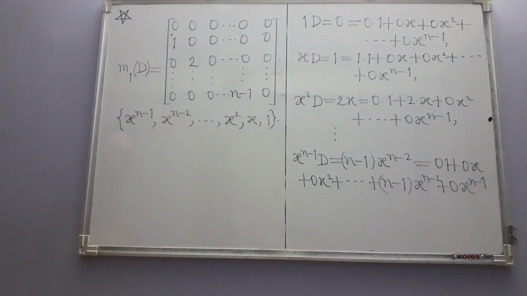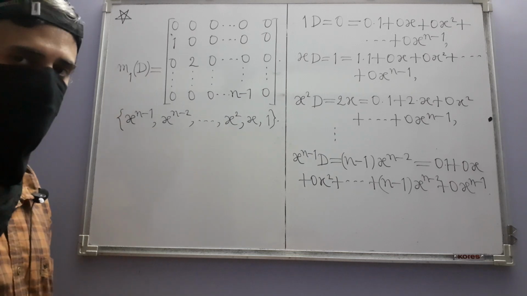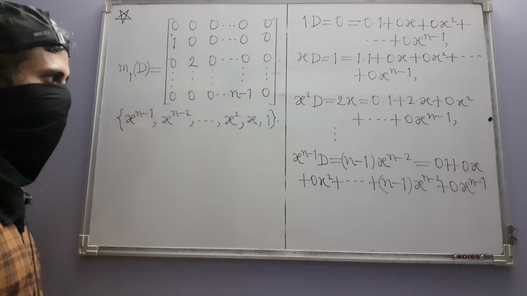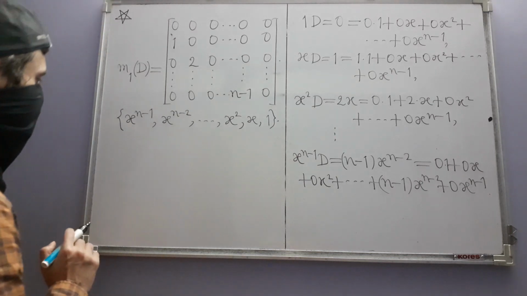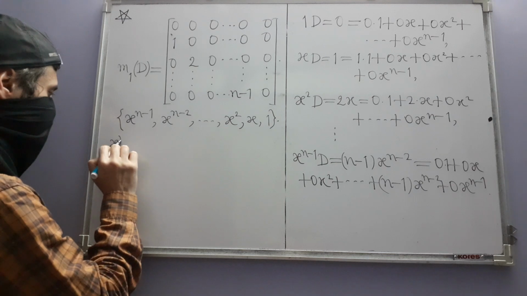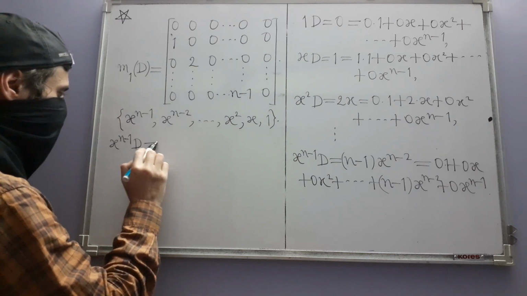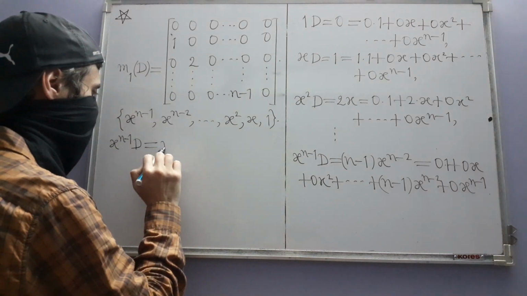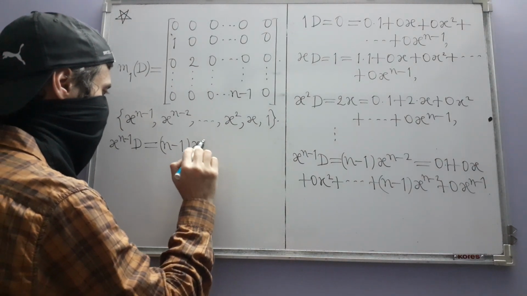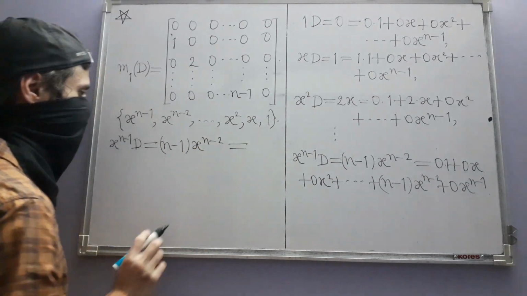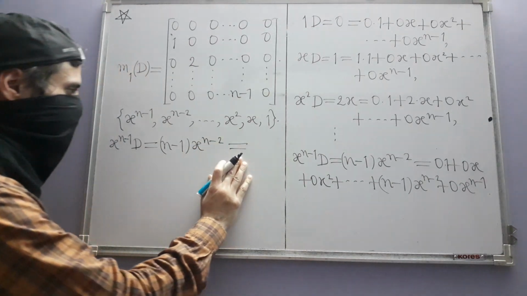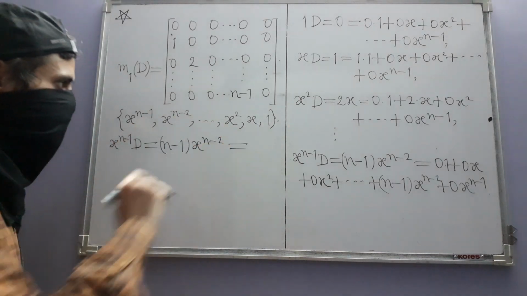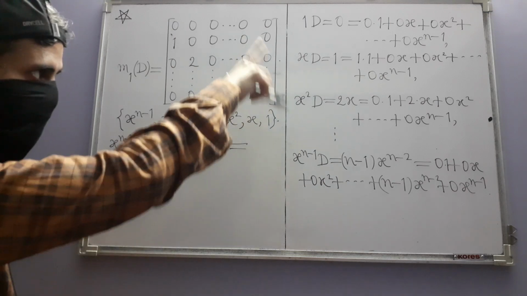Now what possible change will you see in the matrix if you calculate the matrix for this ordered basis? Instead of blindly guessing, let's just write the equations. You may think that nothing much will change, but let's see. x to the power n minus 2, and now you are supposed to write this as a linear combination of the basis elements, but maintaining this order, not that order.